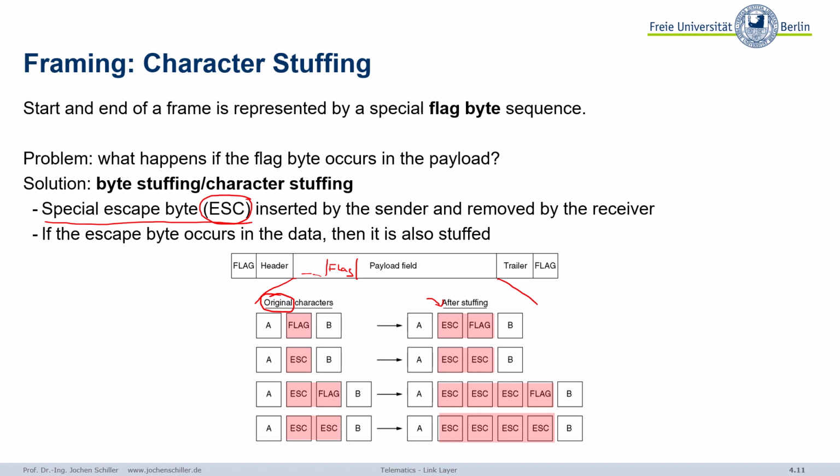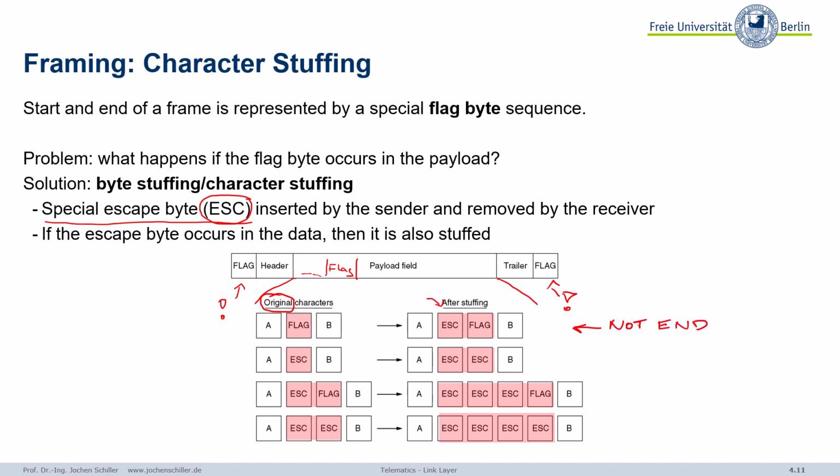We do not do this in the beginning. Here it's only the flag. And also at the end, it's only the flag. There's not the escape character. So the receiver learns, as soon as we have a flag with an escape, then this is definitely not the end in this setting.